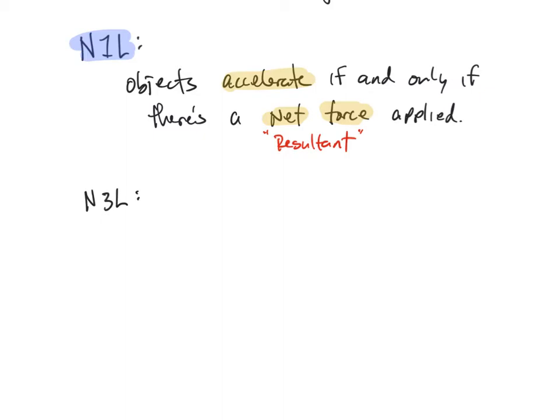Newton's third law is sometimes called the action-reaction principle. I bet at some point in your life you've heard something like, for every action, there's an equal and opposite reaction.